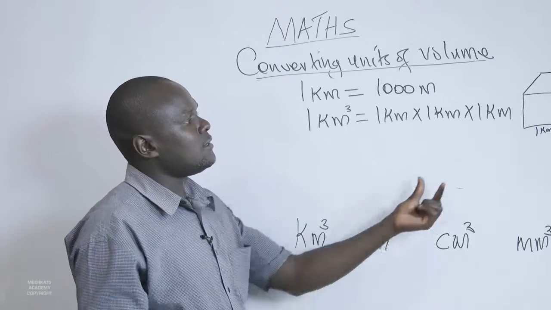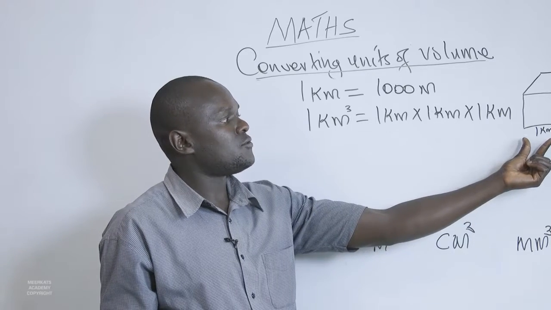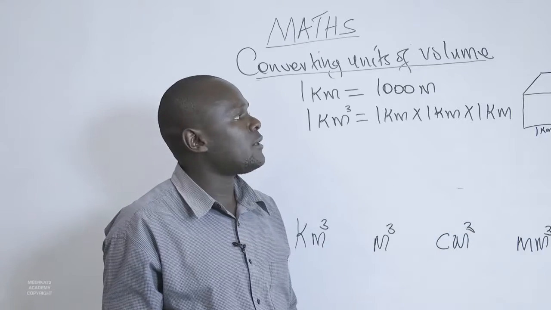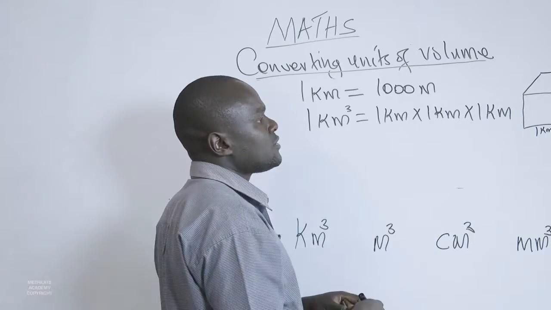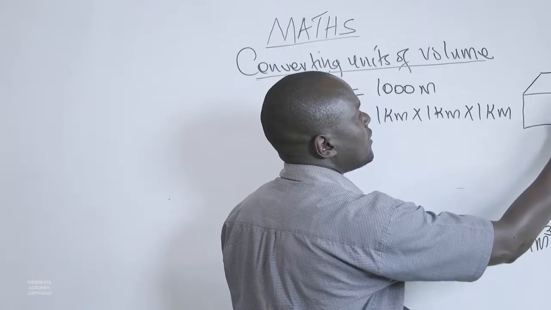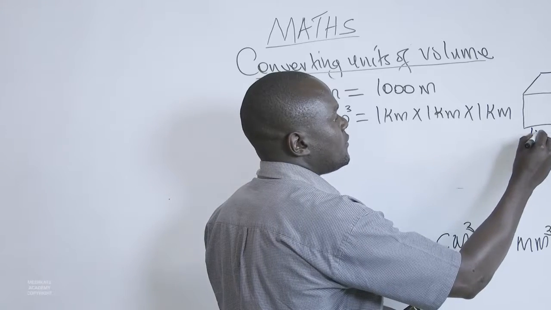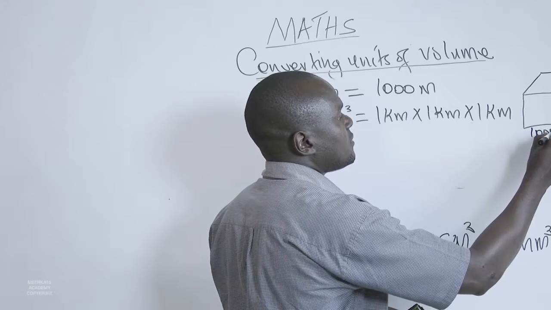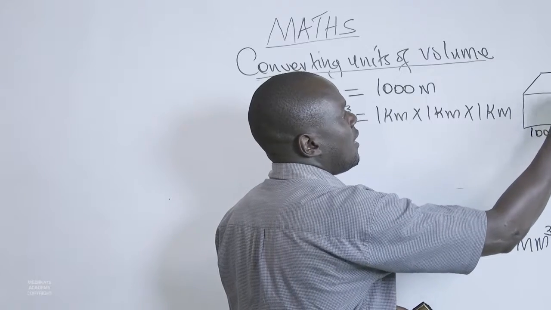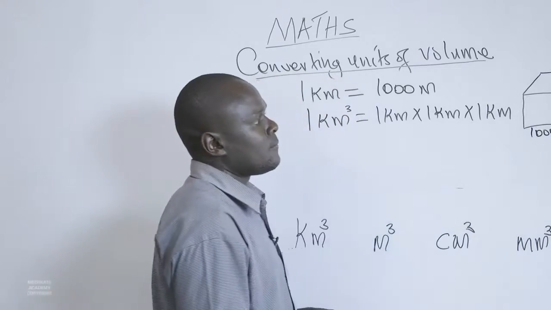But we have agreed, even from our first lesson in measurement, that a kilometer is made up of 1,000 meters. So the length, the width and the height, we can substitute with meters. This is 1,000 meters, this is 1,000 meters, and the height is also 1,000 meters.